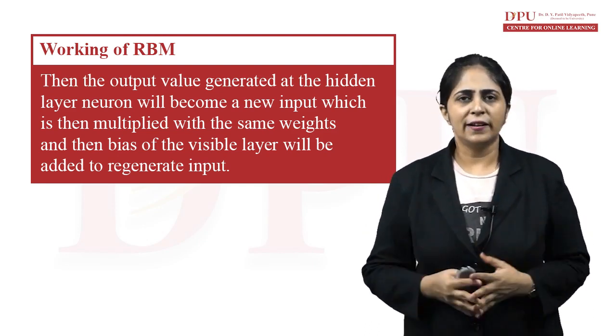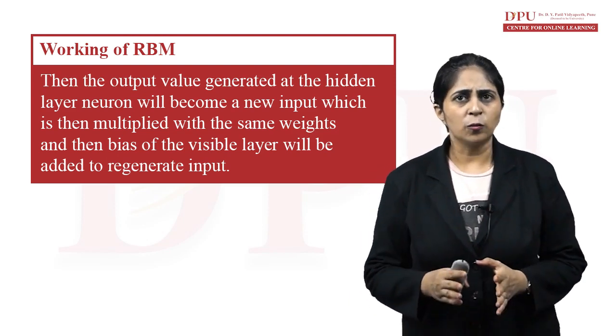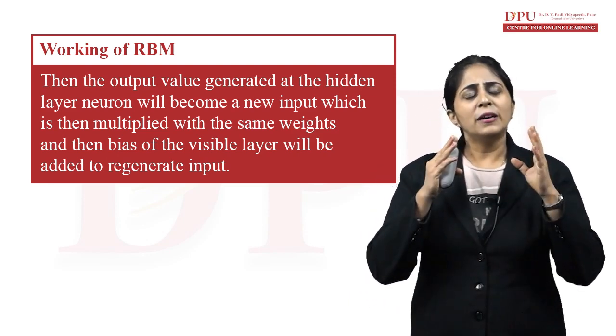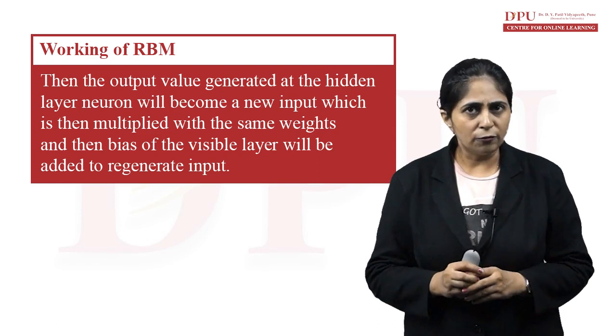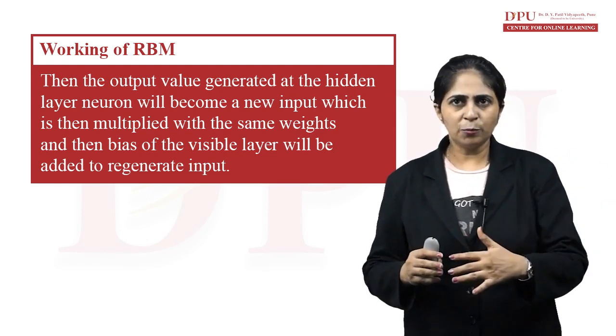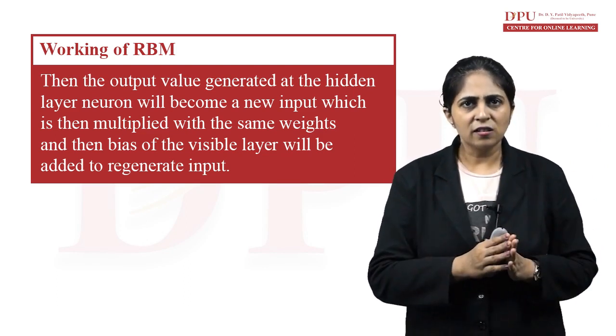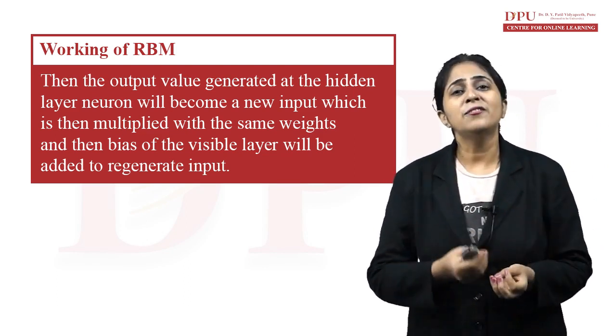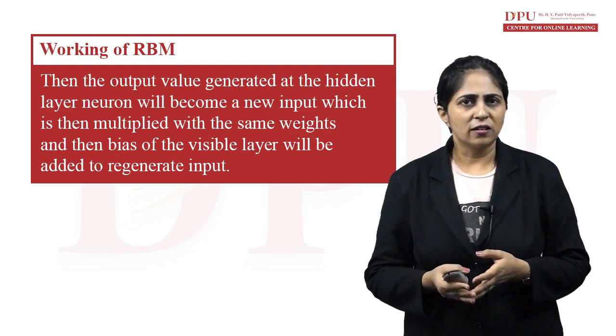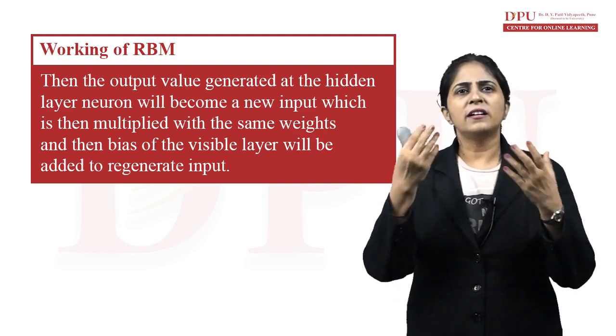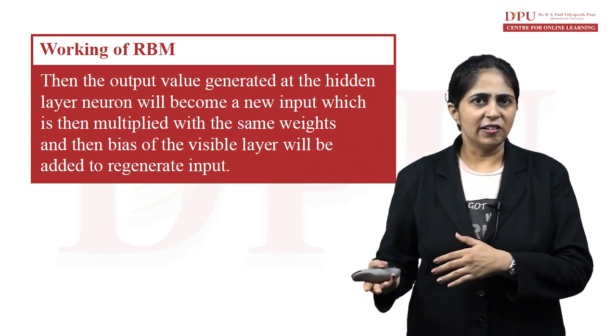RBM, how does it work? Here we have a visible layer of neurons which receives the input data, and this input data will be multiplied by the weights and some bias values are added to it at the hidden layer to generate the output for the next layer.